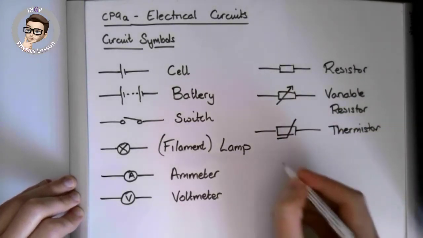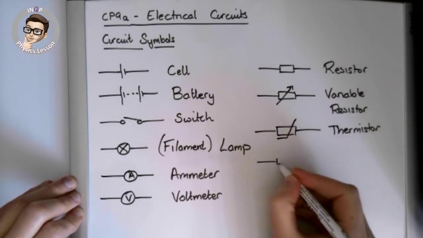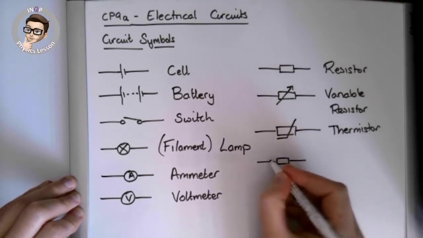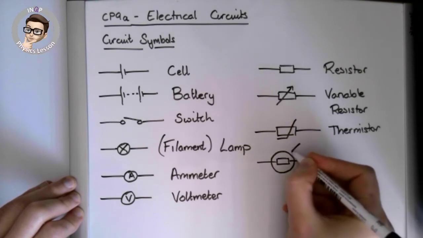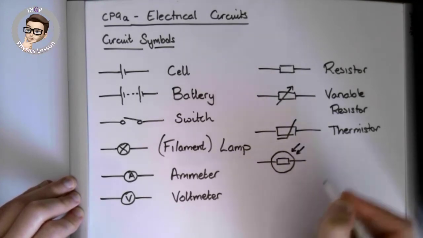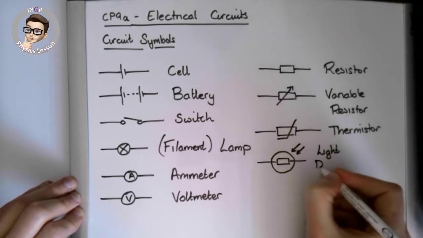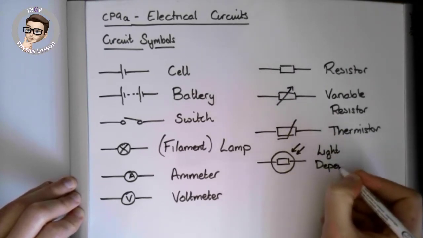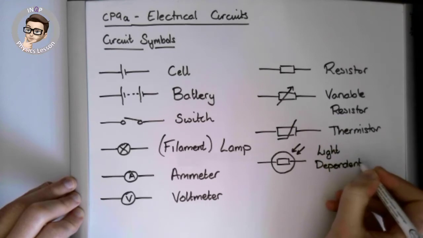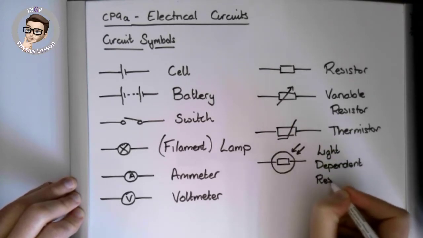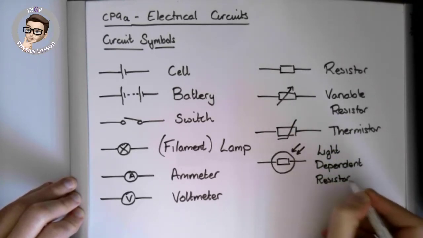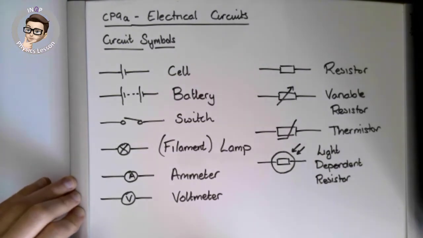Again, some of these will be important later on in the topic. We can have a resistor in a big circle with two arrows pointing towards it. This is called a light dependent resistor, otherwise known as an LDR. Again, we'll talk about that later on in this topic.